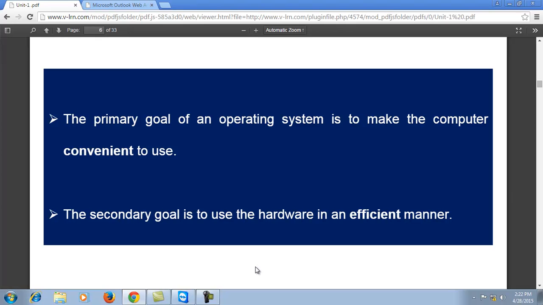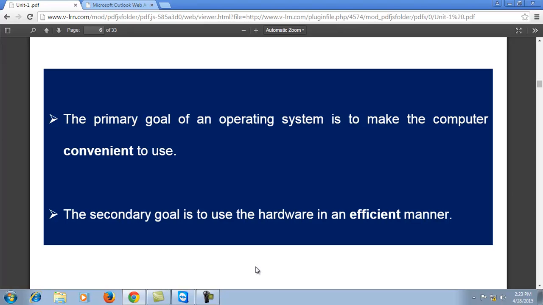Without installing an operating system, we are not able to interact with that system. So the primary goal of an operating system is to make the computer convenient to use. Accordingly, if we install an operating system on the hardware or any PC, we also install other application software which is required by the user.